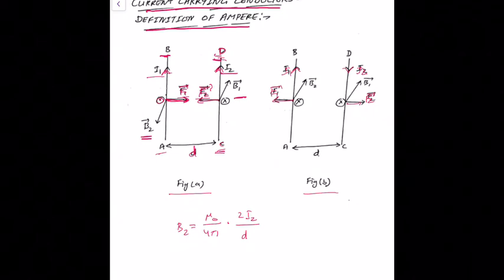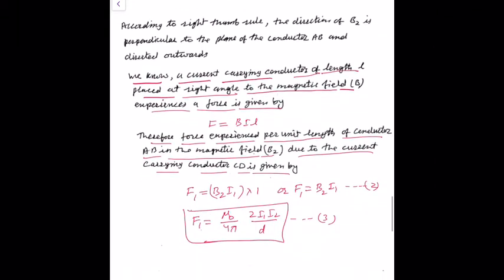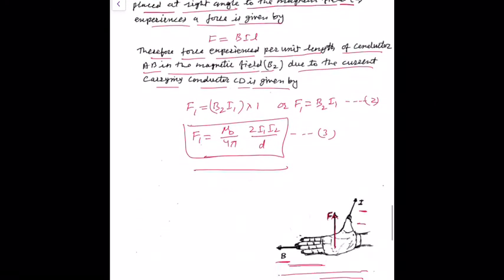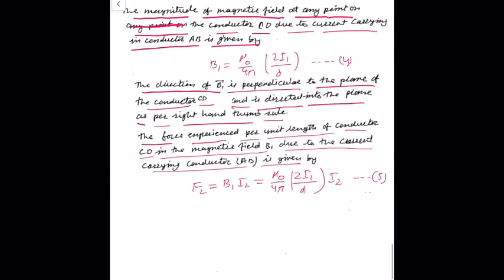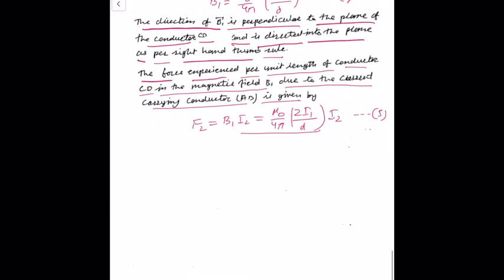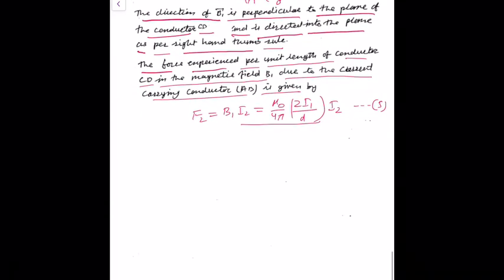The magnitude of the force experienced per unit length by one conductor due to the other conductor is the same as given by equation third and equation fifth. Clear? Next, definition of ampere.